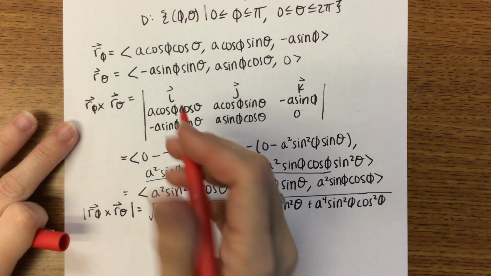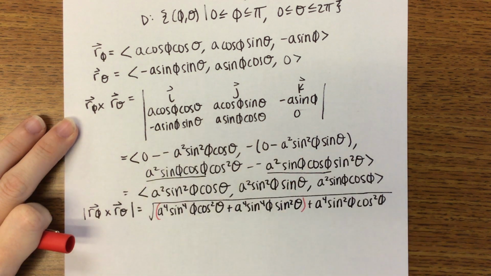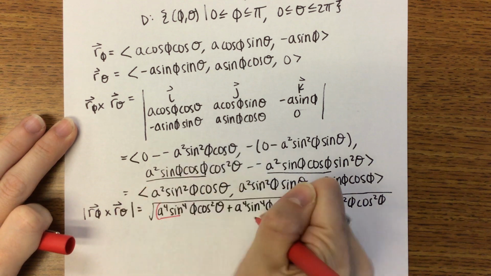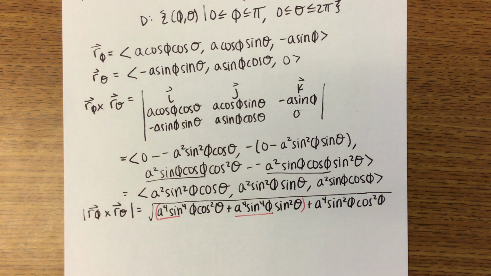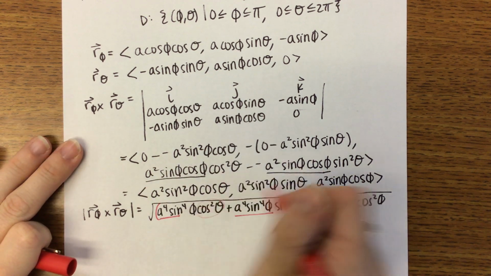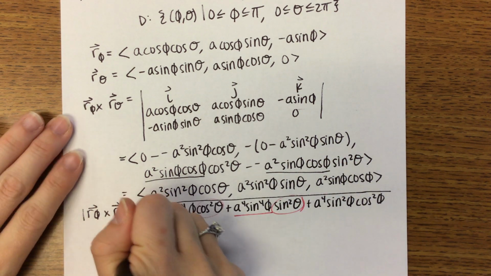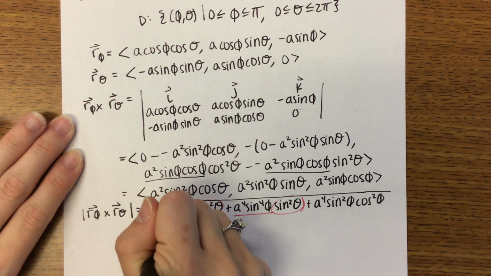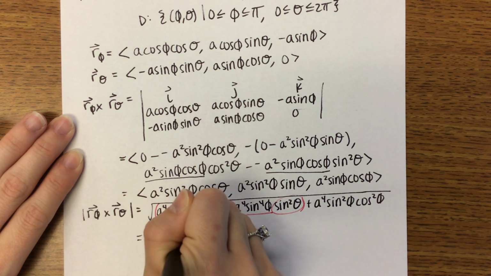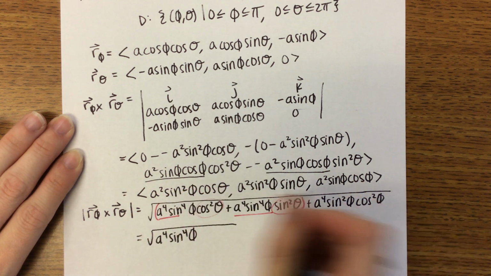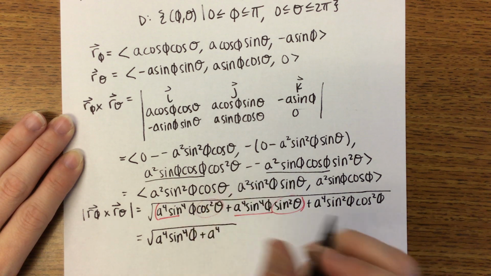Okay, if we look at these first two terms, if you factor a to the fourth sine to the fourth of phi out, you'll end up with cosine squared of theta plus sine squared of theta. So that'll be 1. So we end up with a to the fourth sine to the fourth of phi. And then we still have that other term.